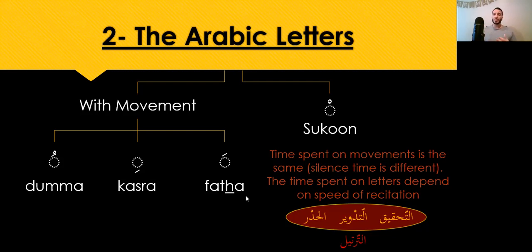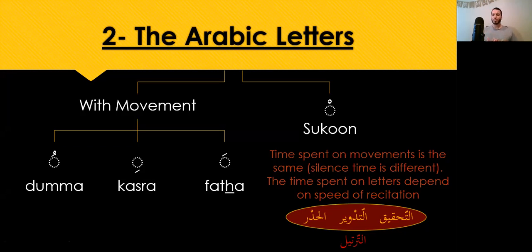So there are 3 speeds of recitation right here. One is called at-tahqiq, at-tadwir, and al-hadr. What are those speeds of recitation? At-tahqiq is reciting the Quran really slowly.